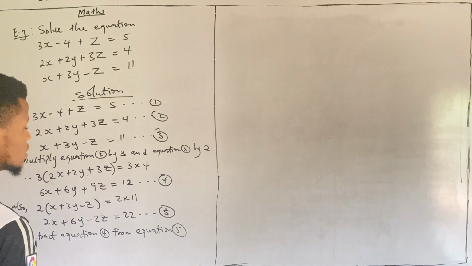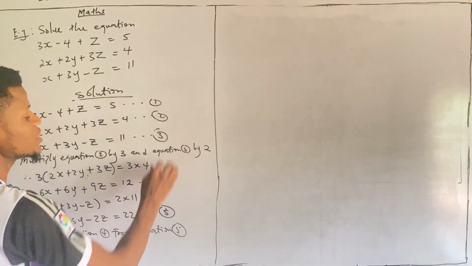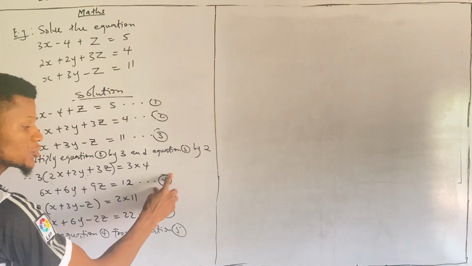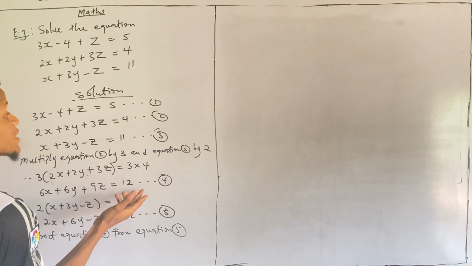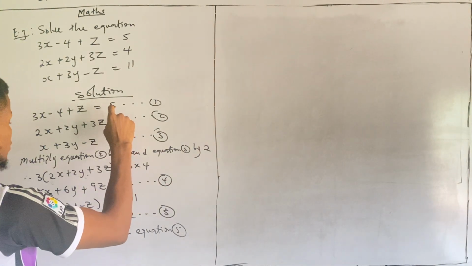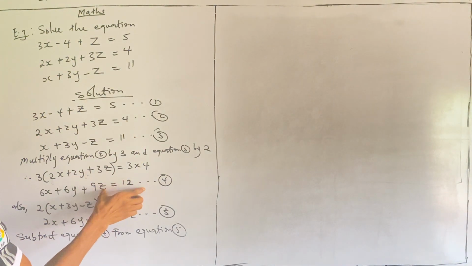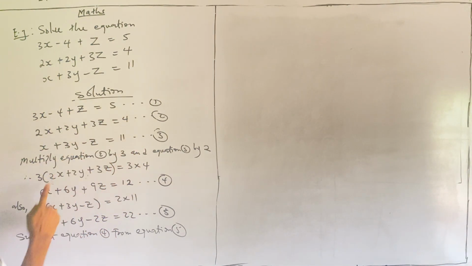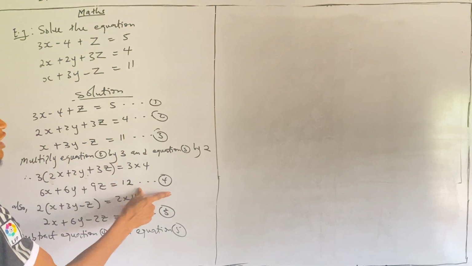So with that, somebody asks, how did we get equation 4 and equation 5? We already have equation 3 here, so our next equation is supposed to be equation 4. Now remember that equation 4 is a multiple of equation 2. Equation 4 is equation 2 multiplied by how many times? 3 times. Because we multiply equation 2 by 3, then we now have equation 4.